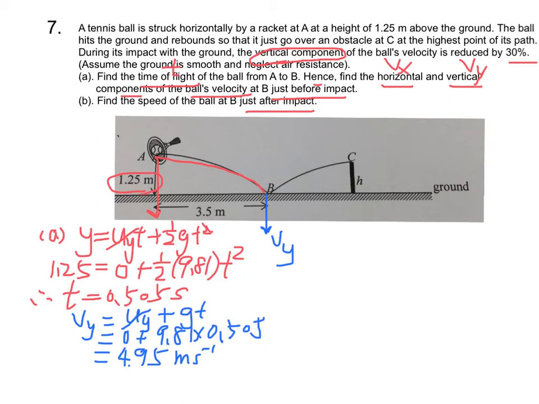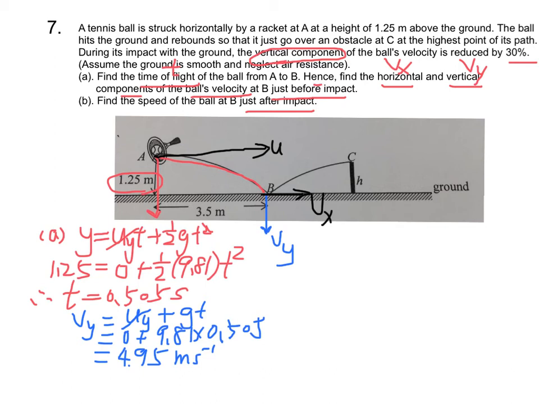Consider its horizontal motion along AB. Let the horizontal component of the ball's velocity at B be Vx, which is equal to the initial horizontal speed u.